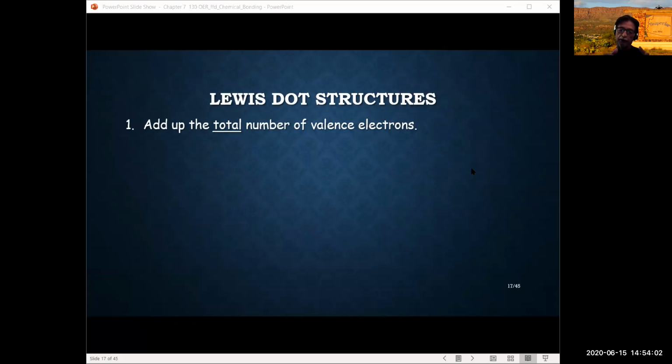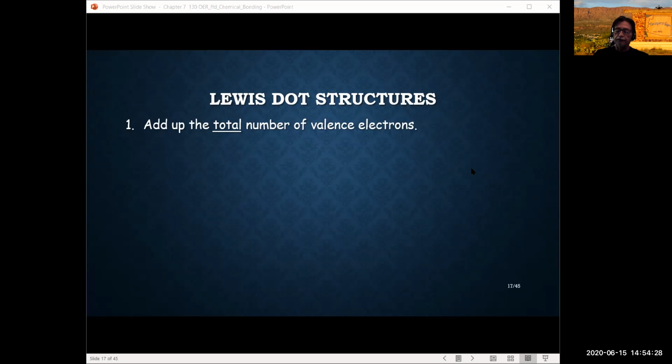So by knowing how many valence electrons there are, we can actually start writing structures. There are Lewis dot structures for the atoms, but we're going to start writing Lewis dot structures for compounds. What we do is add up all of the valence electrons in that compound.